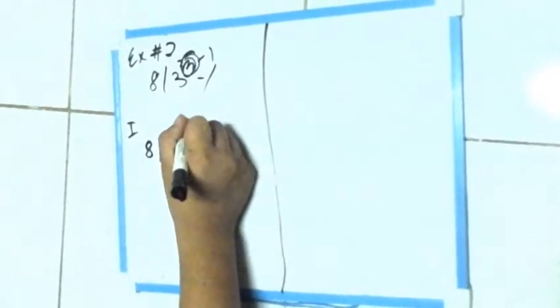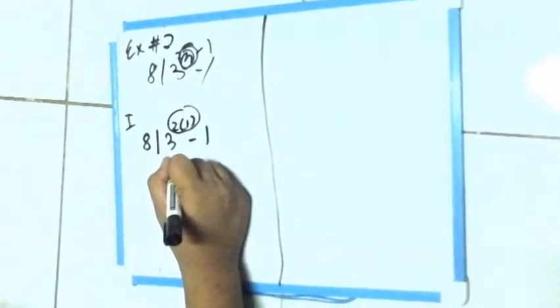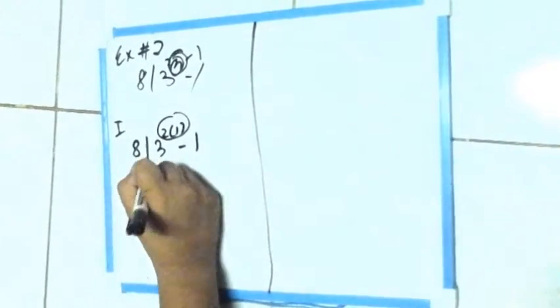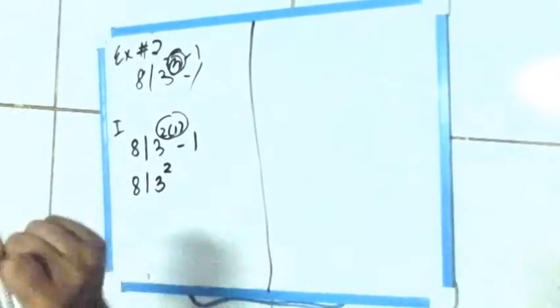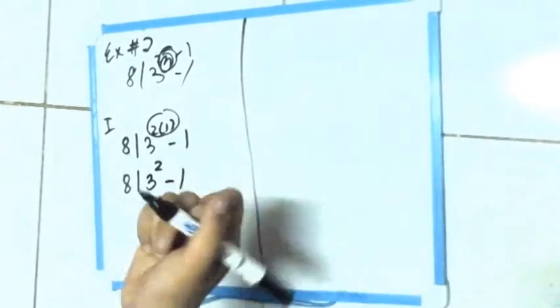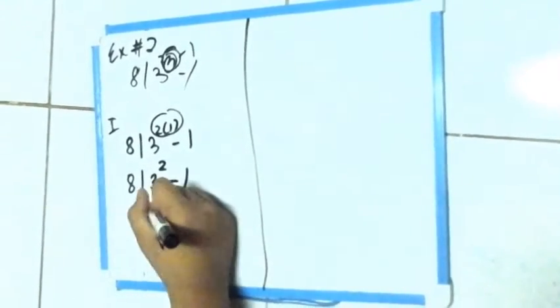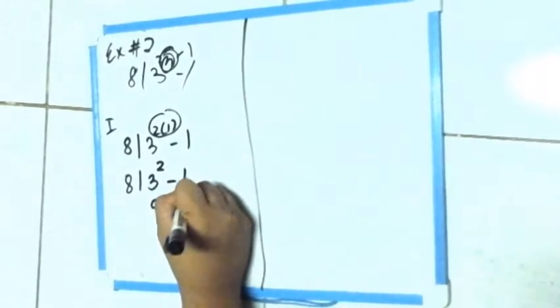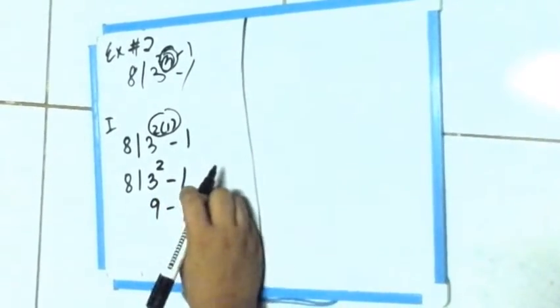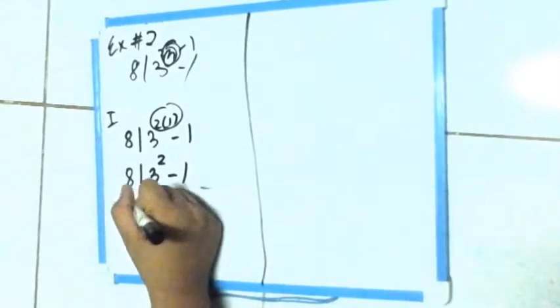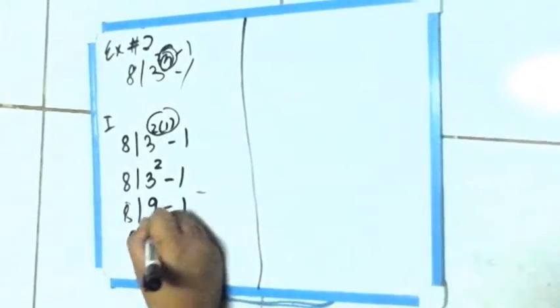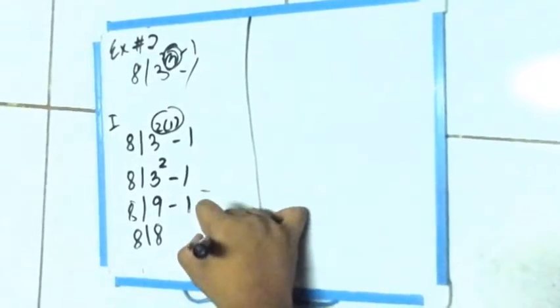If we multiply this, we will get 2. So 8 divisible by 3 raised to 2 minus 1. Then 3 raised to 2 is equal to 9, minus 1 is 8, divisible by 8. So 8 is divisible by 8. So our verification is correct.